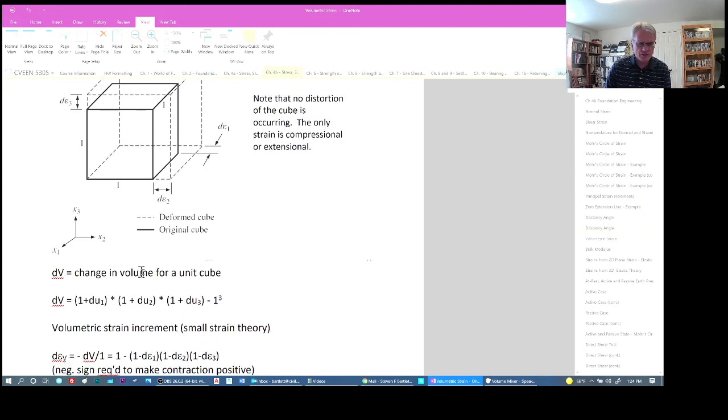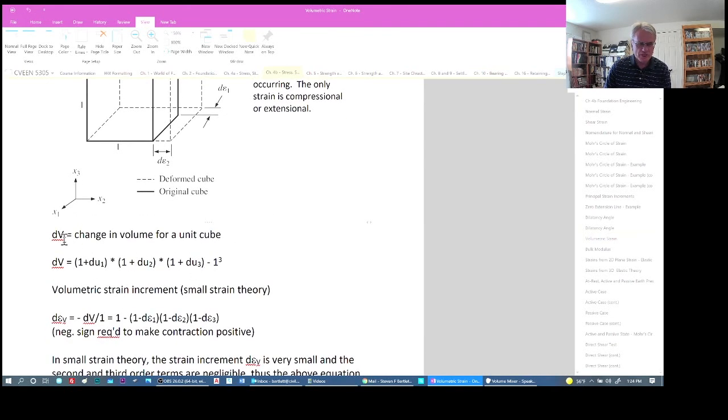So the change in the unit volume, the change in volume, we have to get what the volume is of the deformed shape, so we can see that from this part of the equation.